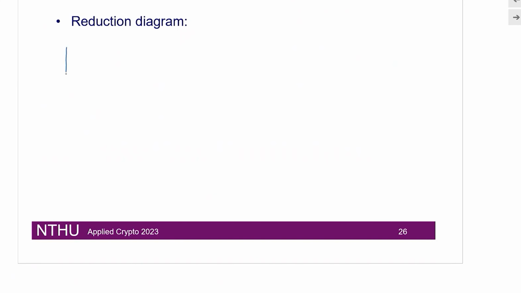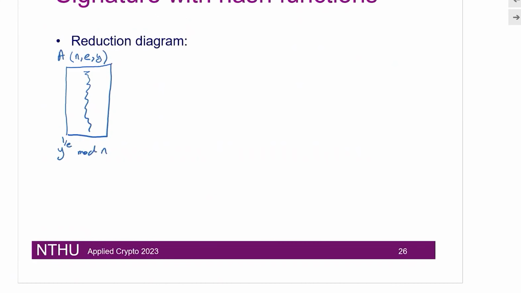We have some attacker over here, and we have an RSA hard problem: given n, e, and y, we want to compute the eth root of y mod n. But we don't know how to do this, right?